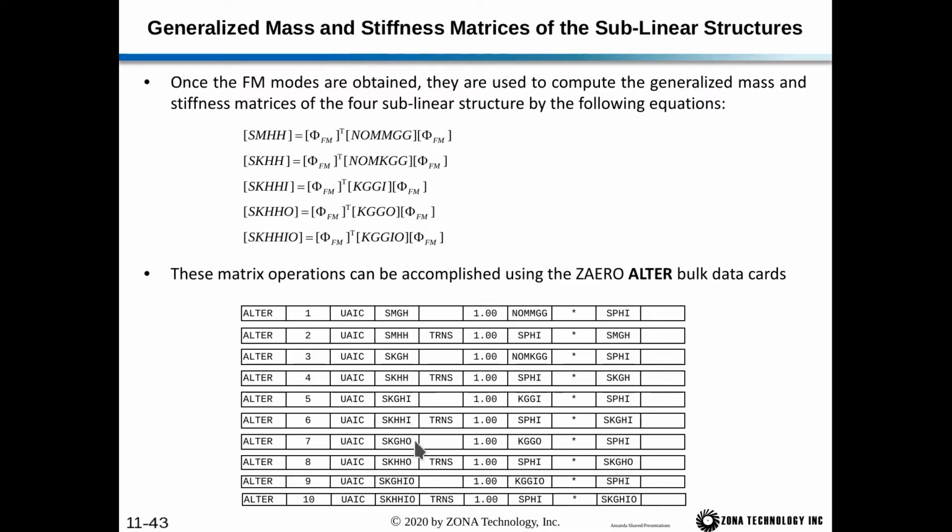Meanwhile, if we look at the KGGIO, if we take KGGIO post multiplied by SV, that gives us SKGHIO. And then if we pre-multiply SKGHIO by the transpose of SV, that gives us our SKHHIO.